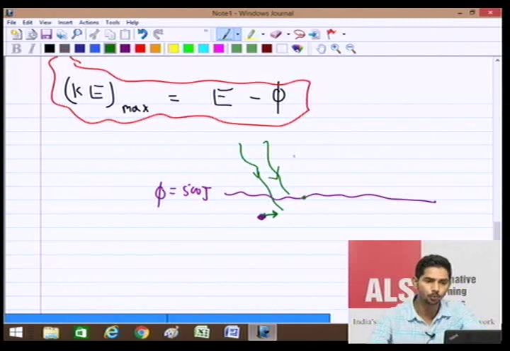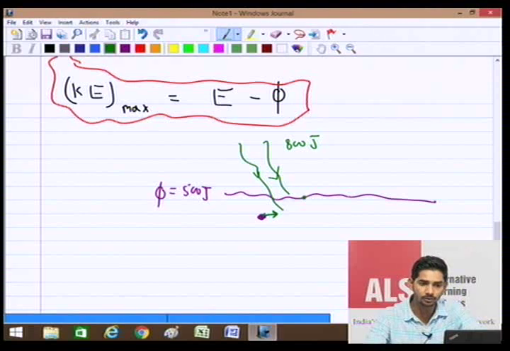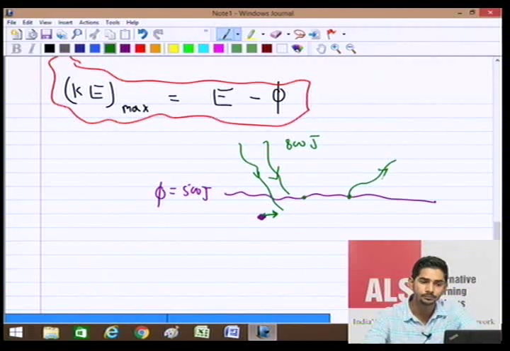Let's suppose you have supplied an energy of 800 joule. So what will happen here is that out of 800 joules, 500 joules of energy has been used by the electron to just come to the metal surface. Now the question is, how much energy is left to the electron?